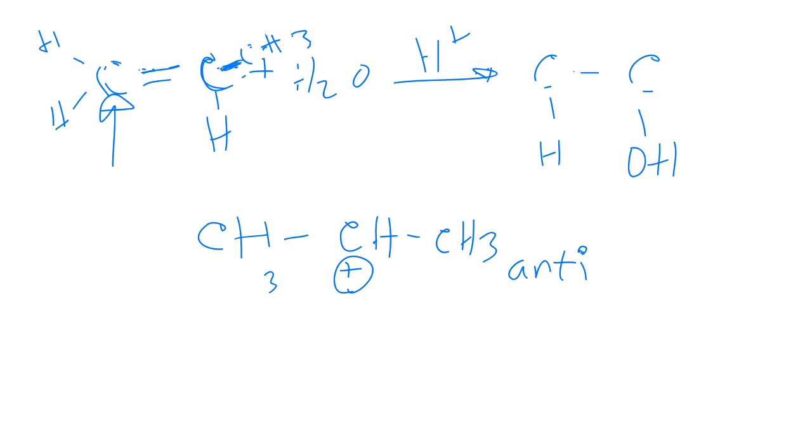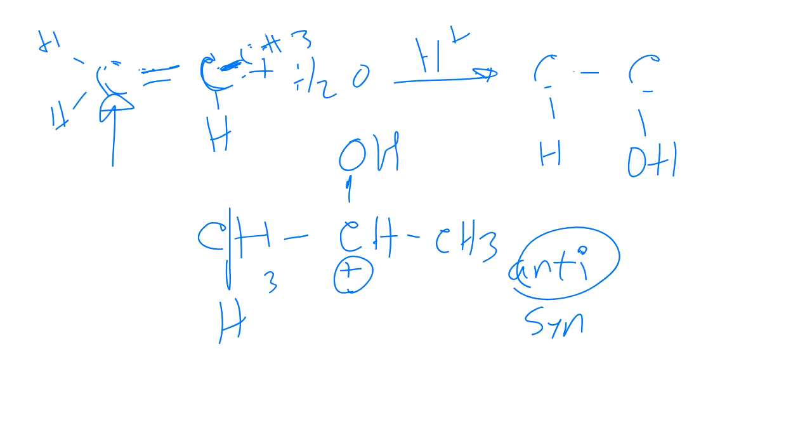What does anti or syn mean? In anti-addition, if the hydrogen is added from this side, the OH is going to add to the other side. So that's anti. This relationship here is the anti-relationship, anti-addition.